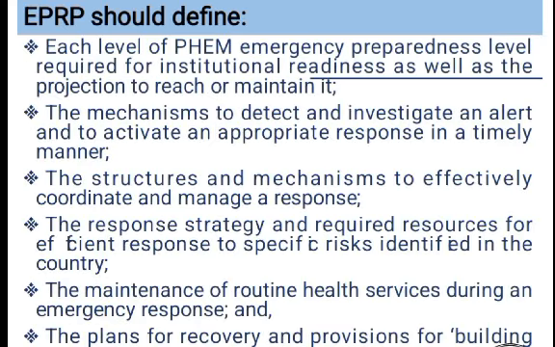It should define each level of PHEM emergency preparedness required for institutional readiness, as well as the projection to reach or maintain it, the mechanism to detect and investigate an alert and to activate an appropriate response in a timely manner, and the structure and mechanism to effectively coordinate and manage a response.